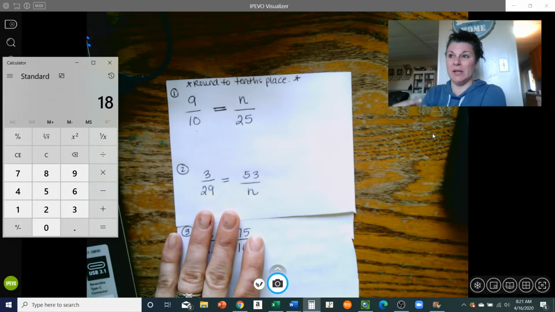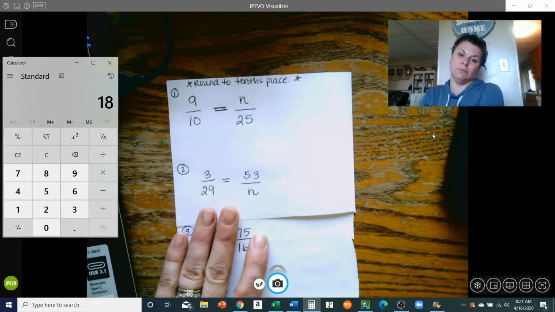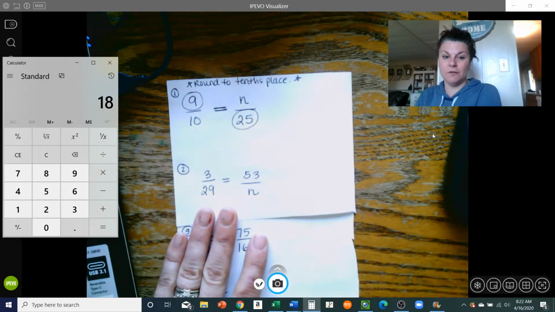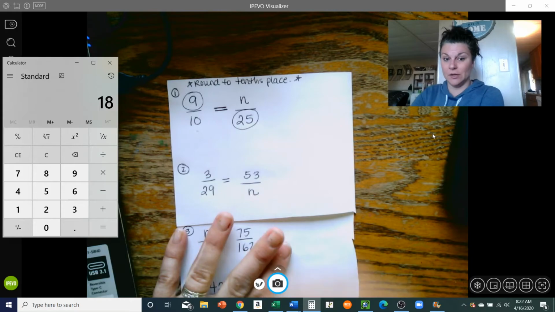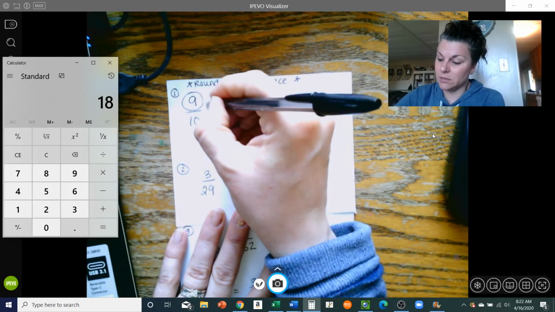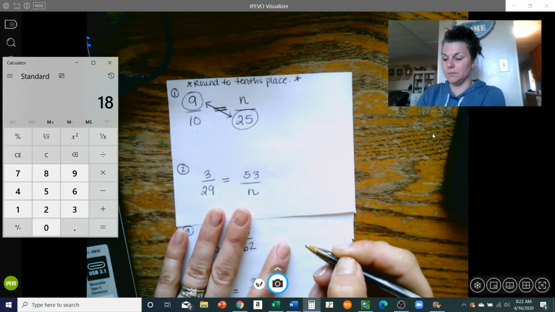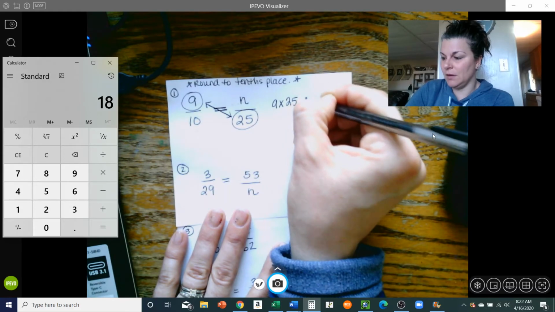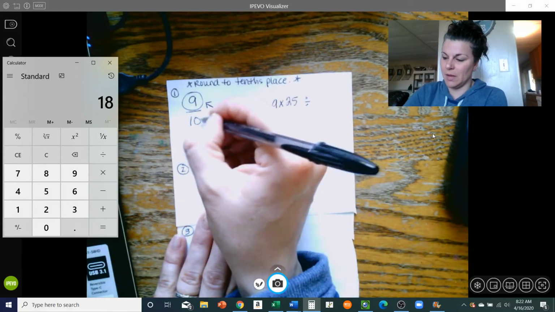I would have to multiply by a fraction or a decimal number. And I don't want to do that. So 9 and 25 are my two numbers at a diagonal that I know. Not these two, because I don't know n. Okay, so I'm going to multiply those. So I'm going to go 9 times 25, and then I'm going to divide it by 10.